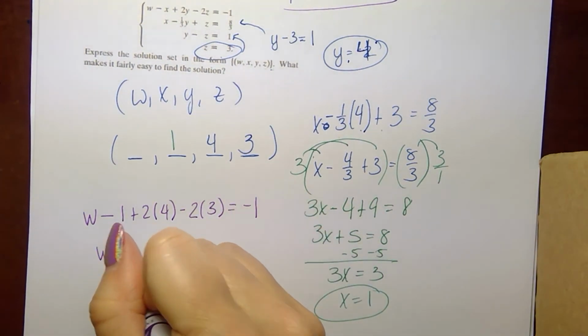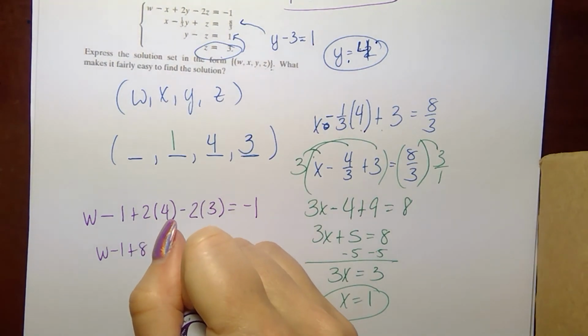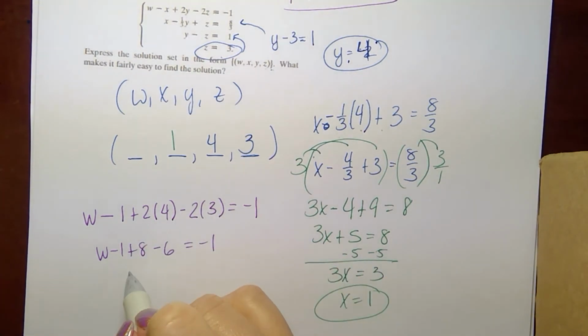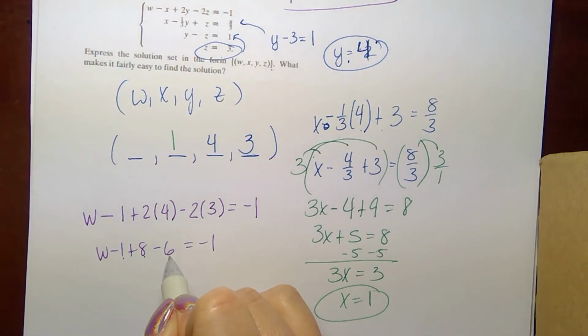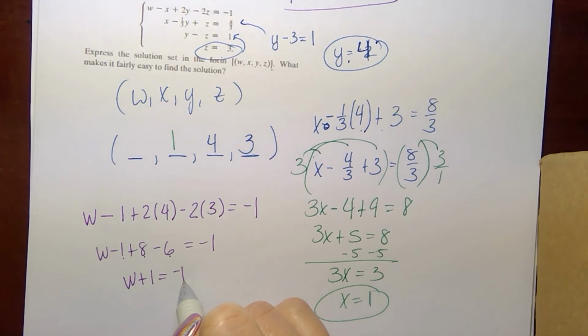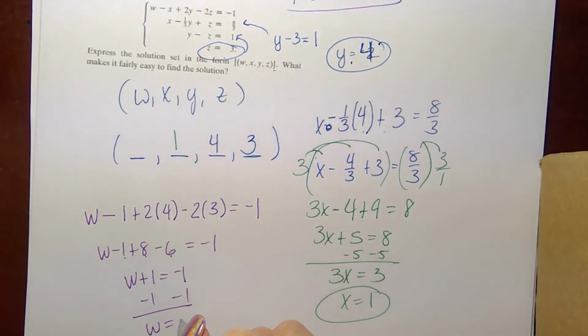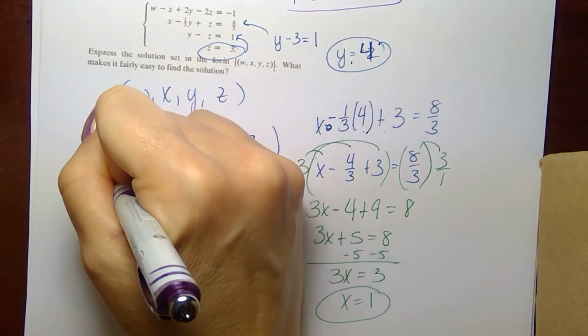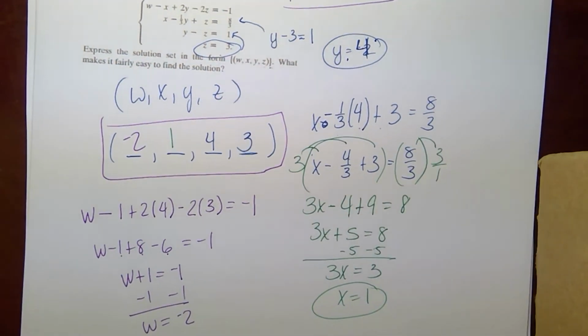Well, w minus 1 plus 8 minus 6 equals -1. Right here, 8 minus 1 is 7. 7 minus 6 is 1. So w plus 1 equals -1. So when I move that 1 over, I get that w is equal to -2. And we have solved our 4 variable system.